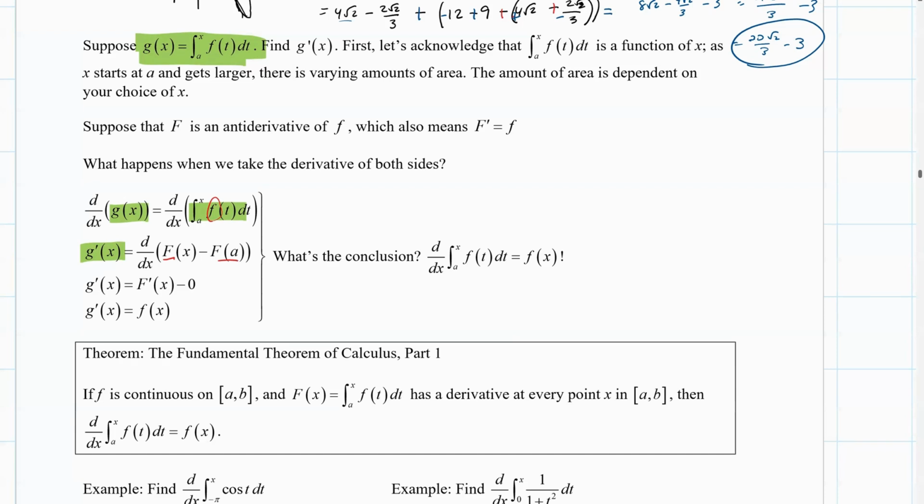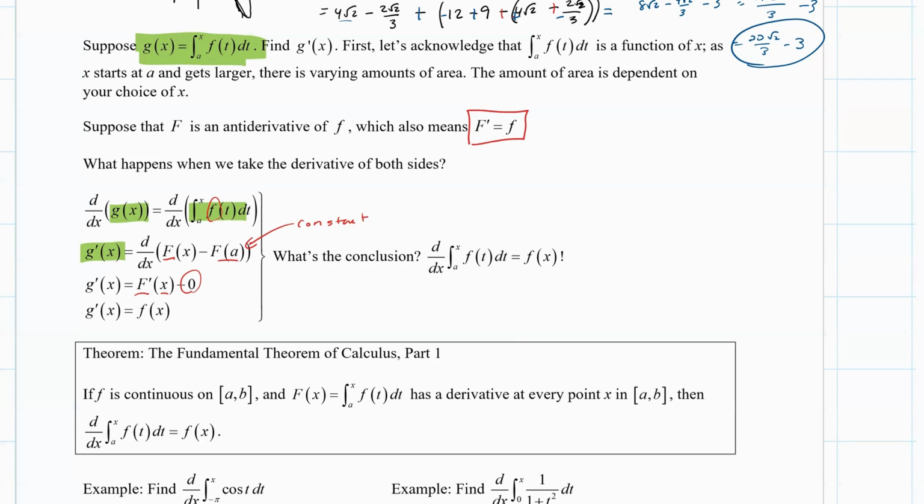But now I'm going to take the derivative of that. When I take the derivative of big F, I get big F prime at x. When I take the derivative of big F of a, I get 0 because that is a constant, and the derivative of any constant is 0. But we define big F prime as being f.